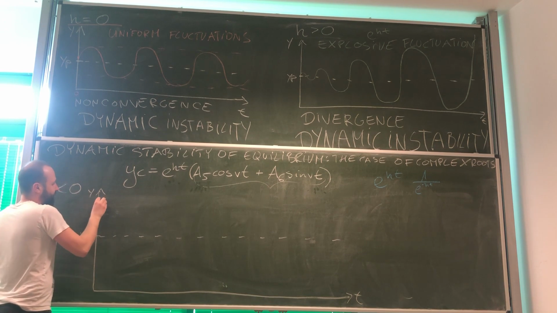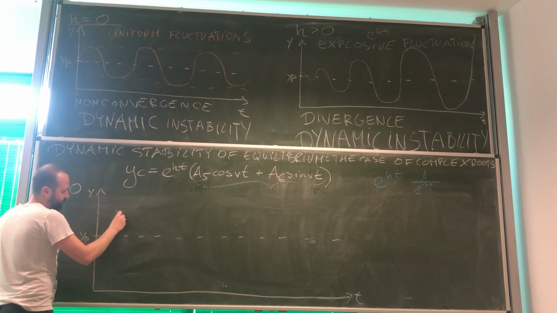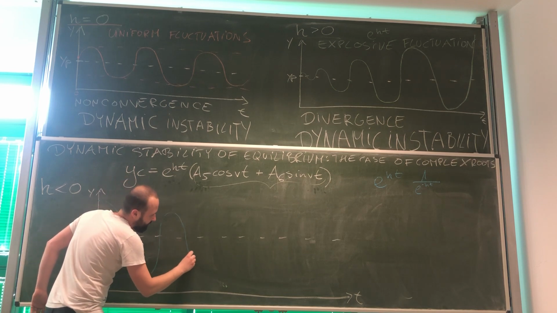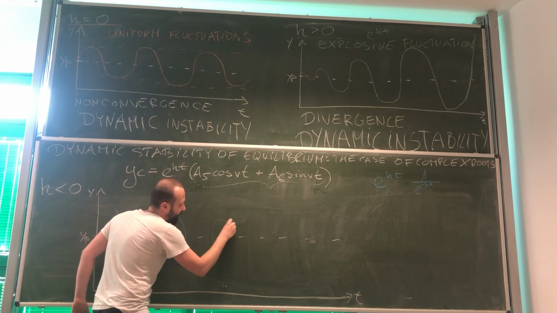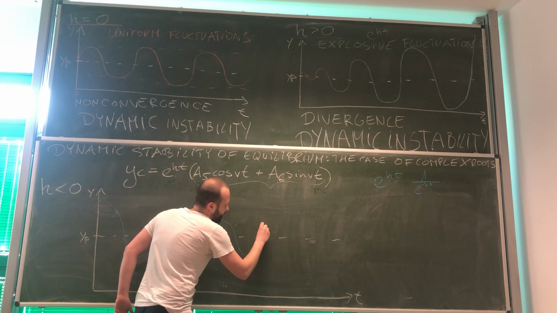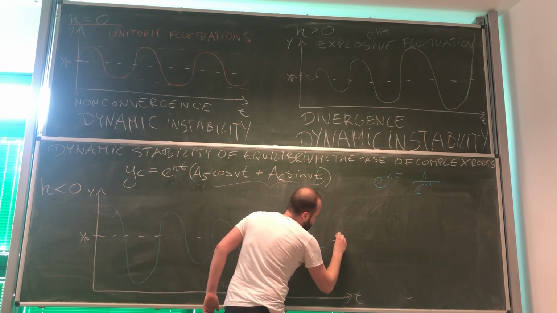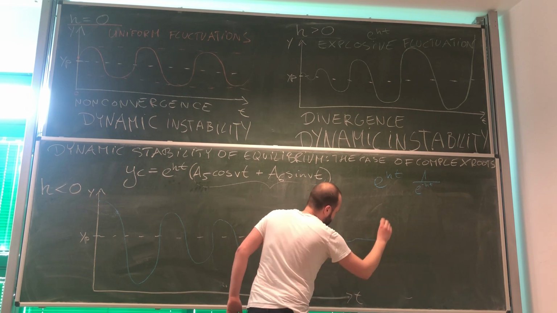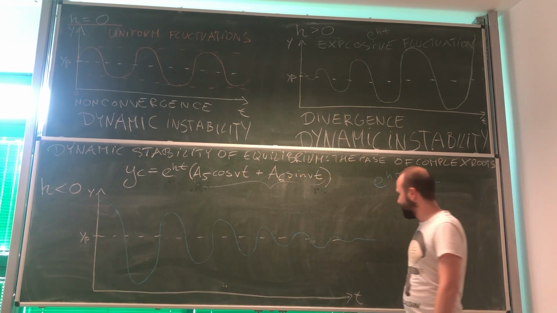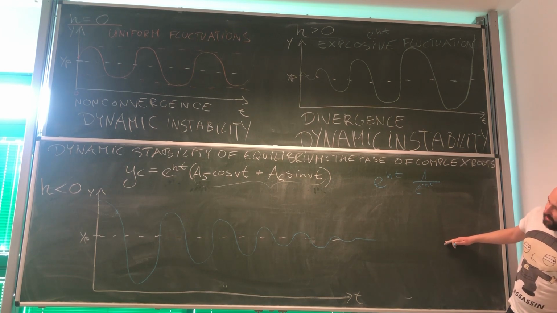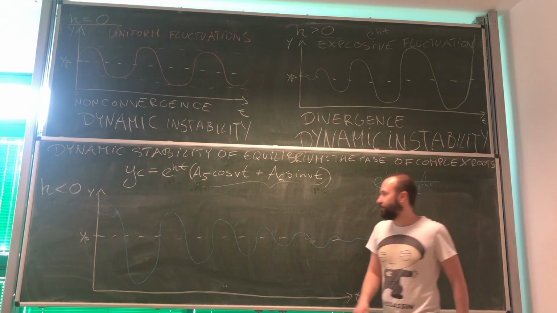So how will this look? Let's just say that we start from this point, and we will have something like this. The fluctuations still appear, but they get smaller and smaller, and eventually, as enough time passes, we are getting back to equilibrium.